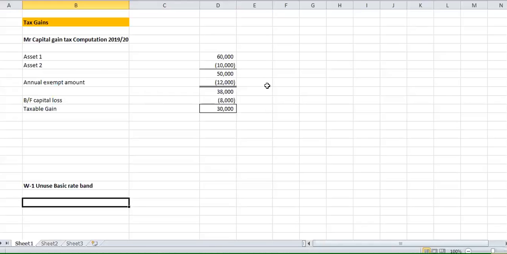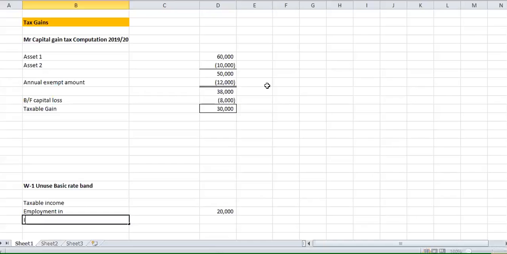So for example, what is the first step? Add all incomes of an individual. So first of all, we are going to calculate taxable income. In order to calculate taxable income, you need to add all of the incomes of an individual. Say, for example, an individual has employment income of, say, £20,000.